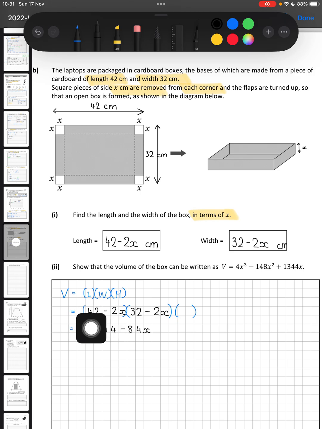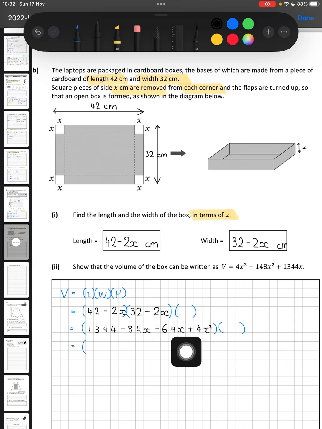Now I've multiplied the first part of the first bracket by everything in the second, so I'm going to move on to the next part, the minus 2x by everything. So minus 2x by 32 is going to give me minus 64x, and then a minus 2x by a minus 2x is plus 4x squared. Because I still don't know the height that I'm multiplying by, when I simplify this, look what I get.